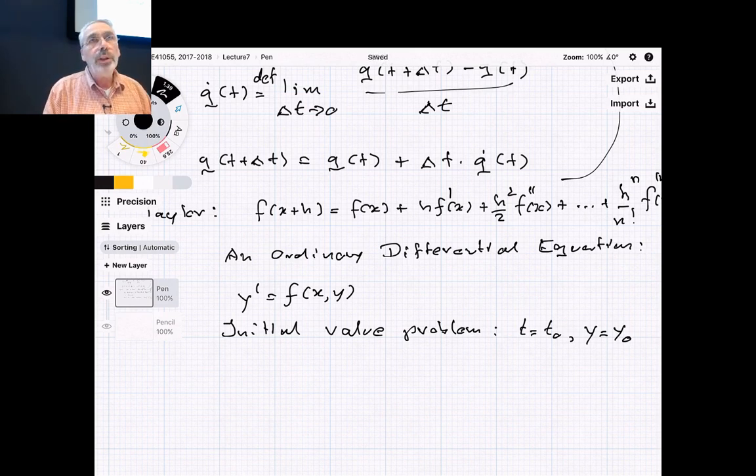Now, why do we say ordinary differential equation? What does the ordinary mean, as opposed to what? Are there other forms of differential equations? Partial, yes. So this is called ordinary because we only have a derivative with respect to one variable, time.